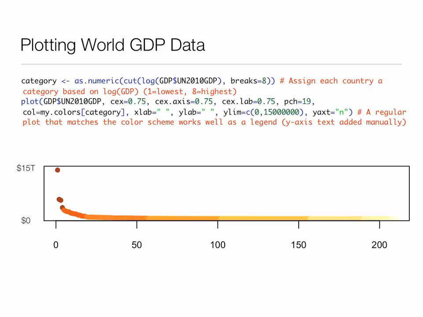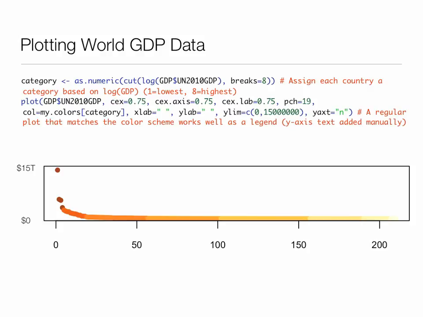There's only one variable listed. The main difference is that we're going to tell it to use the colors from our color palette, and we're going to tell it which color to use based on which category the country is in. Okay, so if the country is in category number 8, the highest category in terms of GDP, we're going to use color number 8 in our color vector. And then we leave the X and Y labels blank.